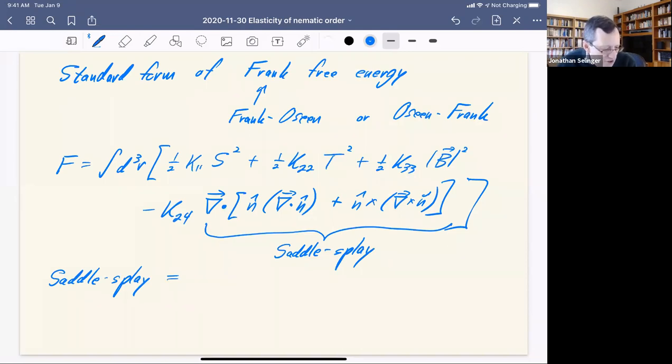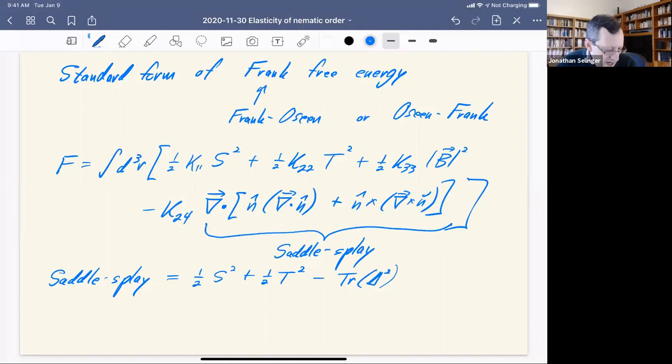This messy looking term, the saddle splay term, is equal to 1/2 splay squared plus 1/2 twist squared minus the trace of delta squared. This is another thing that's not obvious, but it is just mathematically true. And you can work it out just by a whole exercise in working with the kinds of tensor manipulations that I've shown you.